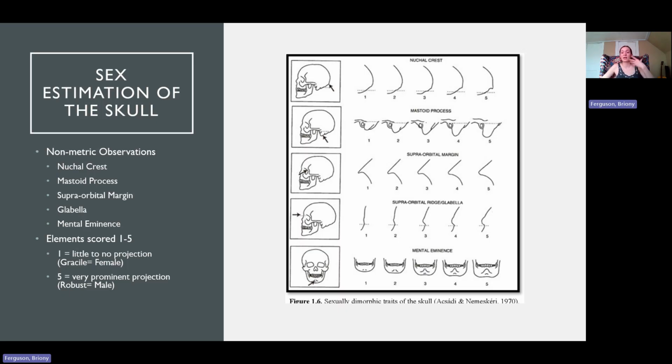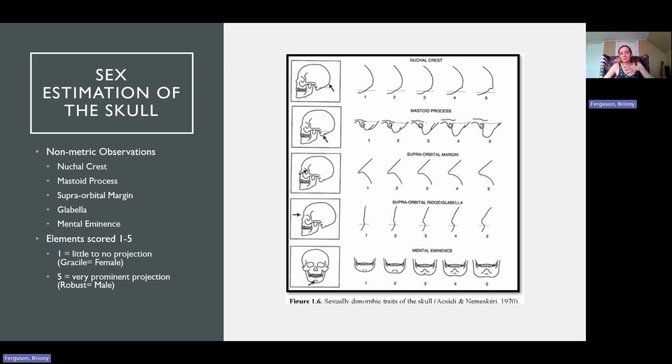What we call this is that it is a very robust feature. So maybe they have a very robust mastoid process or mastoid processes, because you should be judging each one actually, because they can differ a little bit. But anything that is more robust is typically associated more with males.